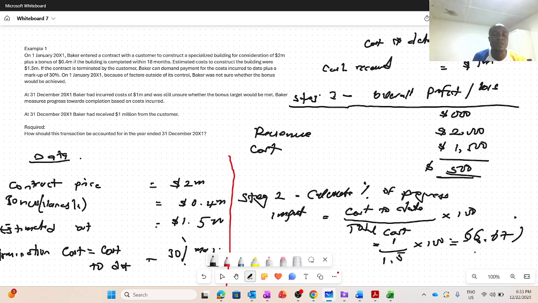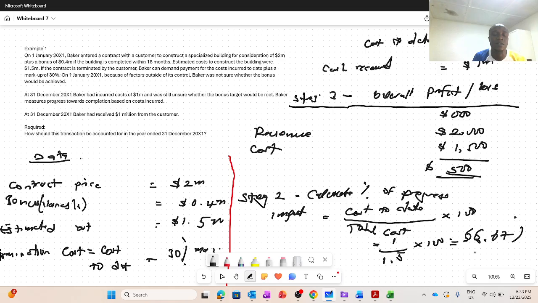Then the total cost will be 1.5 million, that is 1,500, multiplied by 0.667, which is 1,000. So therefore, the profit will be 333.